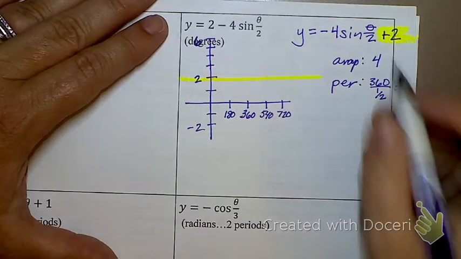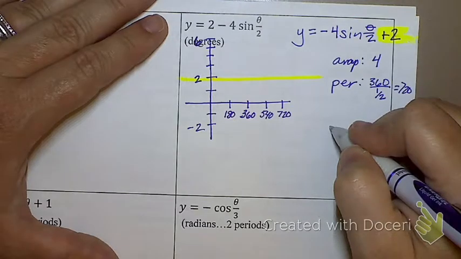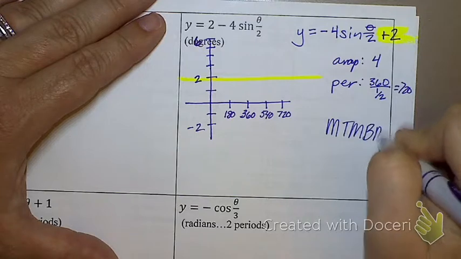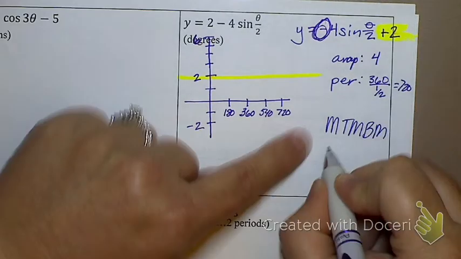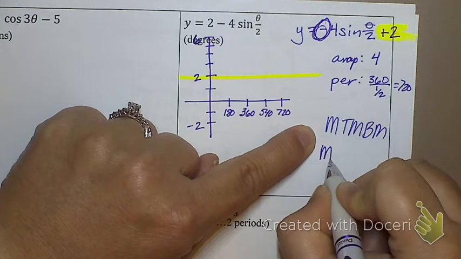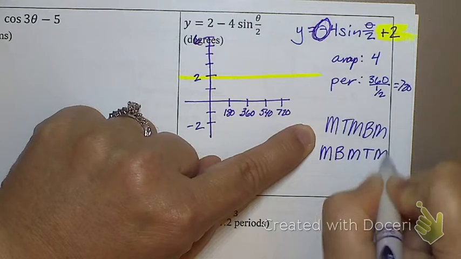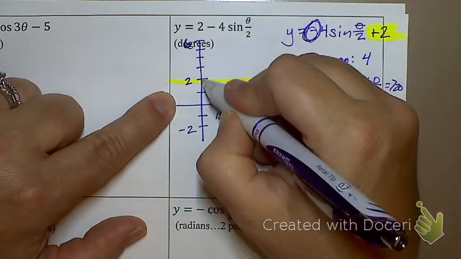So, is this a Teenage Mutant Ninja Turtles or the other one? The other one, which is middle, top, middle, bottom, middle. However, we had a negative sign at front. So we're not going to graph it as middle, top, middle, bottom, middle. We're going to graph middle, bottom, middle, top, middle. We're going to change those T's to B's and the B's to T's. Ready?